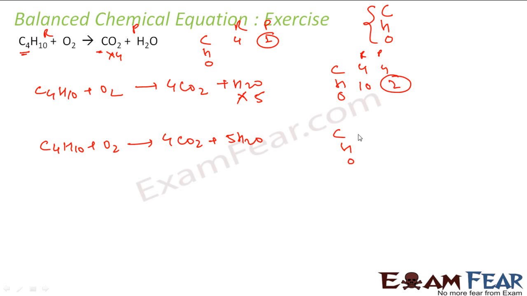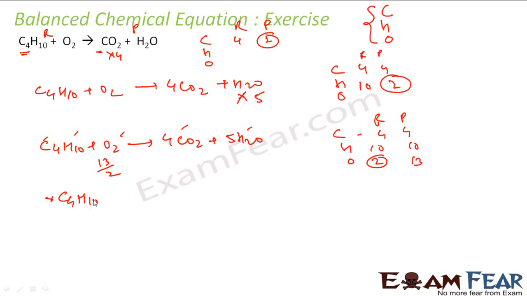Let's again compare. CHO, reactant carbon is 4, product carbon is 4, hydrogen we have 10, hydrogen we have 10, oxygen we have 2 here, and oxygen we have 4 into 2, 8 plus 5 is 13. So here we have 2, here we have 13. So let's multiply by 13 by 2. Correct?